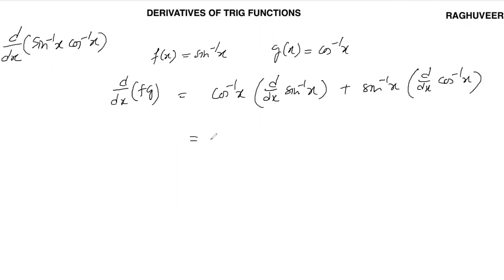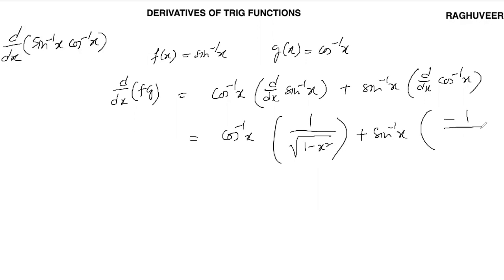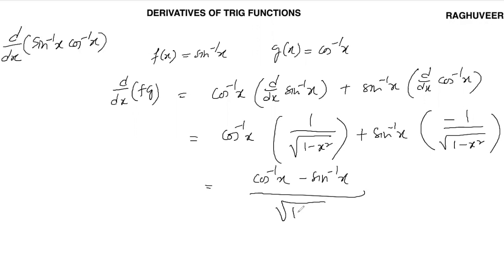So this will be cos inverse x multiplied by 1 by square root of 1 minus x square, plus sine inverse x, and this is minus 1 by square root of 1 minus x square. Now this will be cos inverse x minus sine inverse x divided by square root of 1 minus x square. So that is the final result.